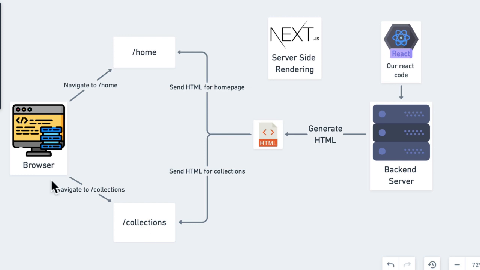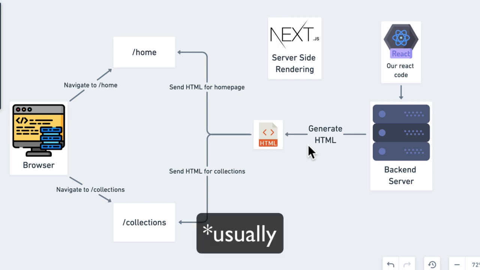So whenever the user navigates to another route, for example, like our home, then this will communicate to our backend server that they need the HTML related to home. So the server will start to generate using our React code the actual HTML required. And this is way more robust because our backend server is more powerful and it's capable of generating it really quickly compared to our browser.